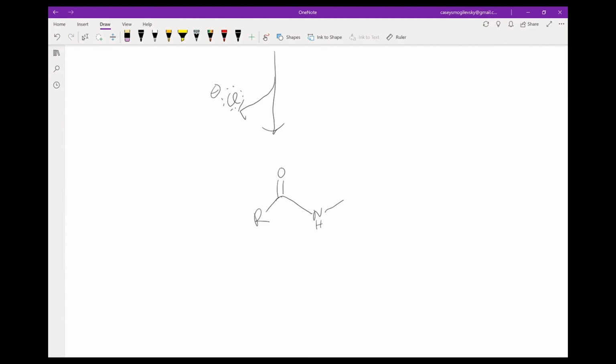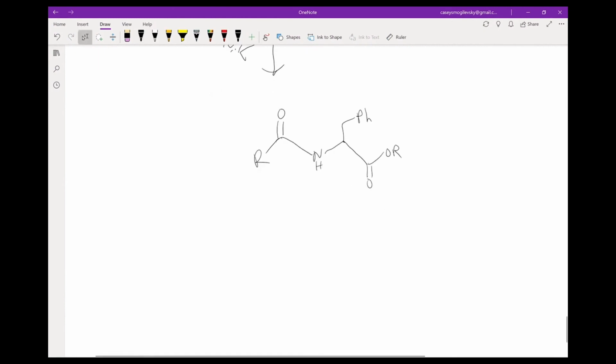And so what have we formed? Well, we formed an amide, which is cool. But where are these important? Well, these are important for proteins, polypeptides, being the backbones of proteins.